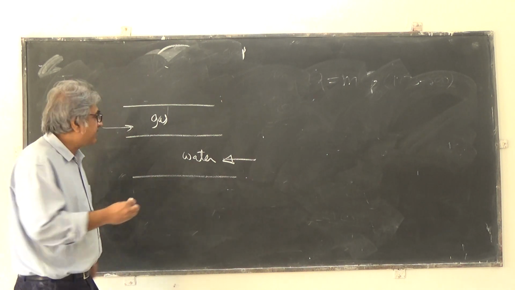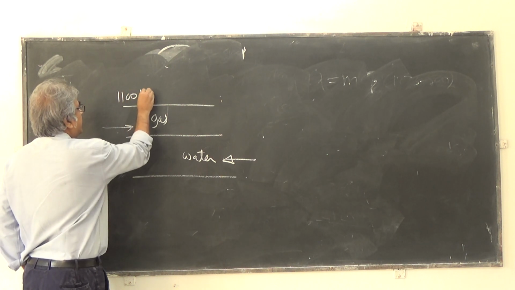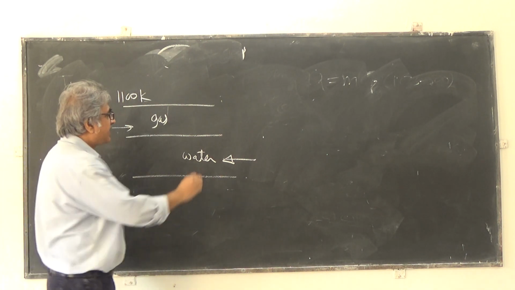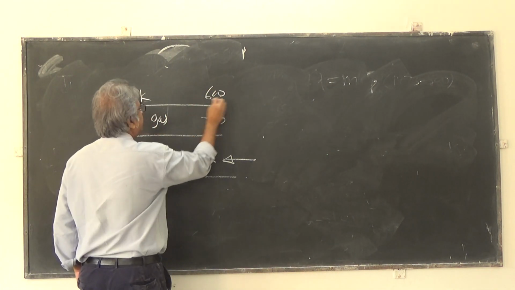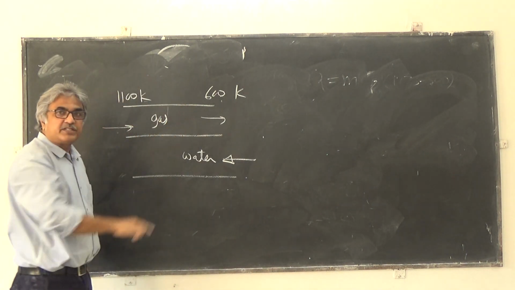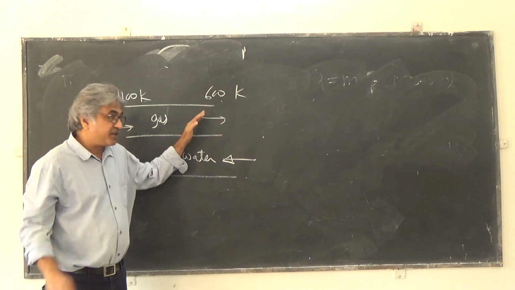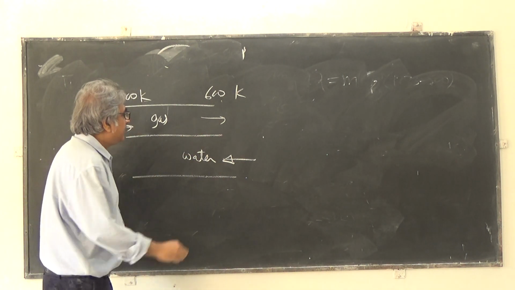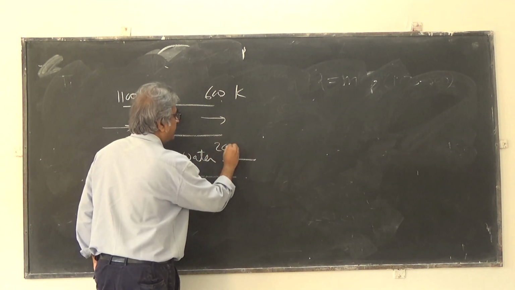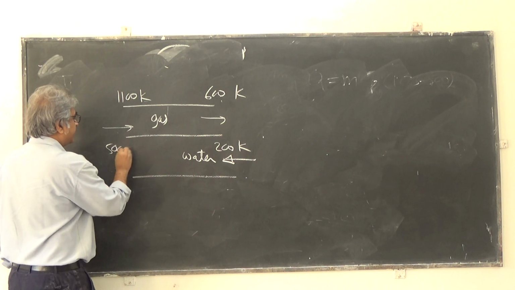Let's take some arbitrary values. Let's say that the gas is entering here at 1100 and it's leaving here at say 600 Kelvin. Okay, 1100 to 600. That's the drop in temperature of the gas. Let's say water is entering at 200 Kelvin and it is leaving at 500 Kelvin.